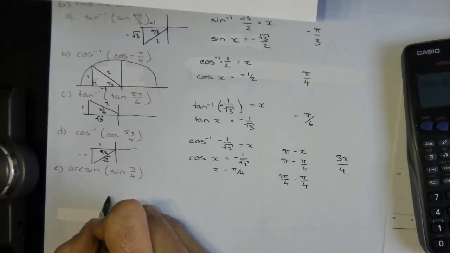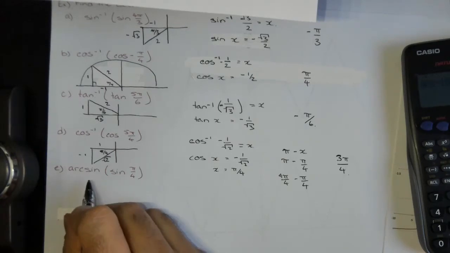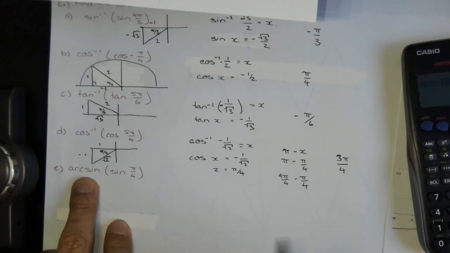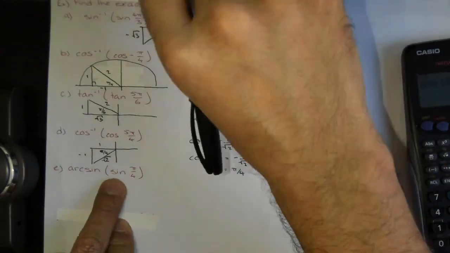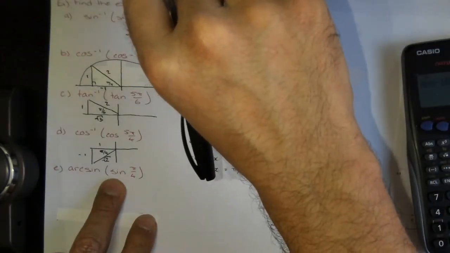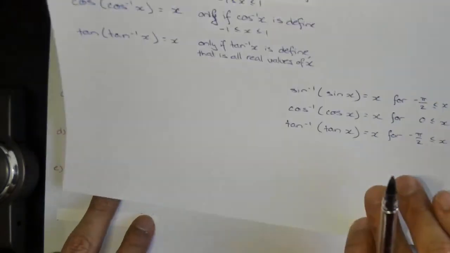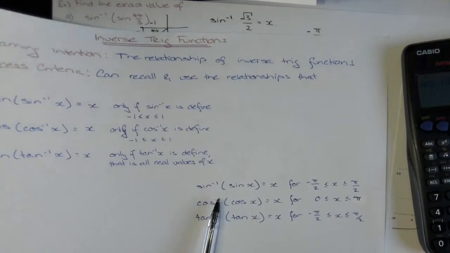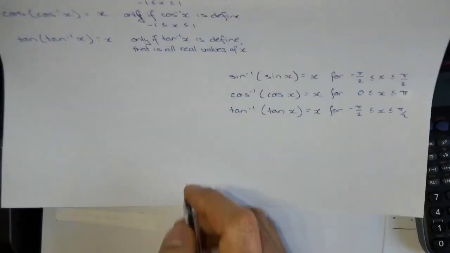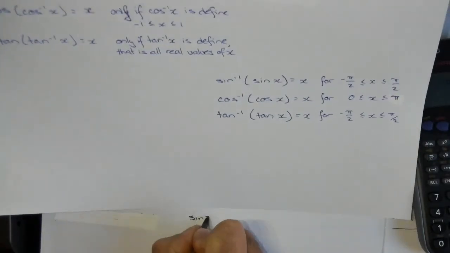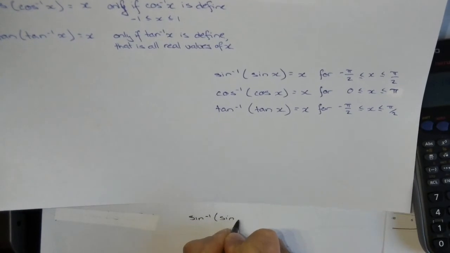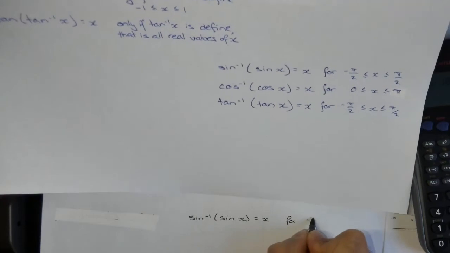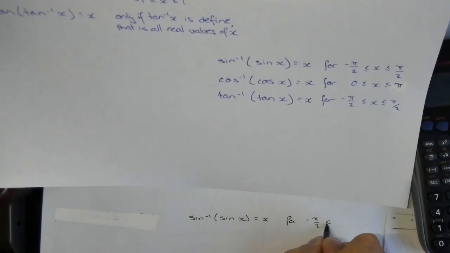Okay, so here we get sine of pi on 4 and arc sine. I'm going to use this property that inverse sine of sine x will equal x for x between negative pi over 2 and pi over 2.